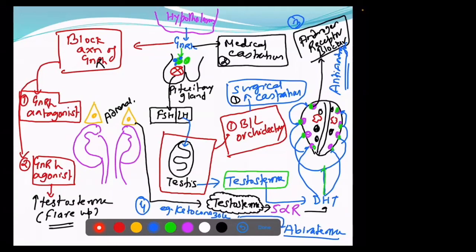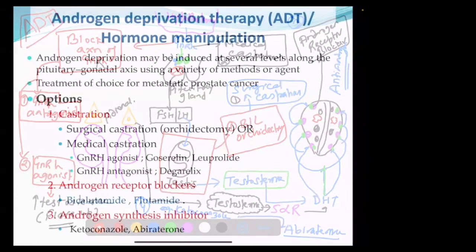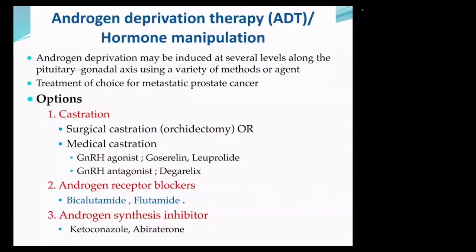So these options are collectively known as androgen deprivation therapy, also known as hormonal manipulation therapy. Castration means basically we are decreasing the testosterone level from the testis.